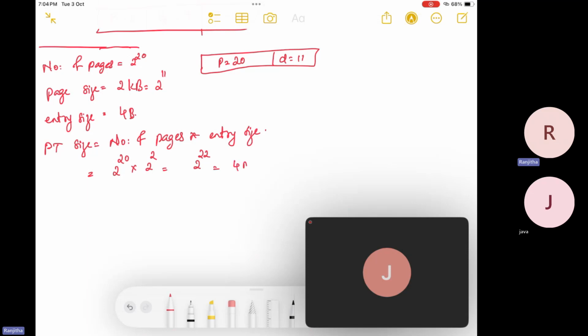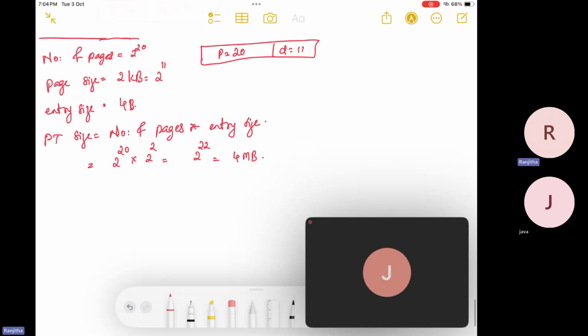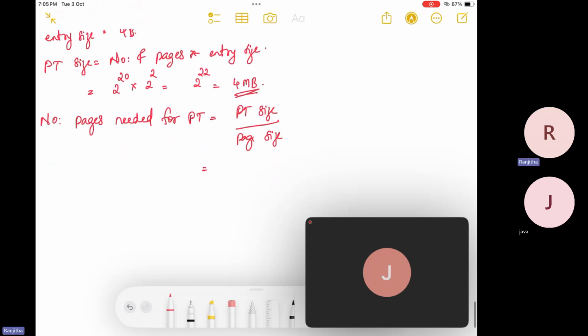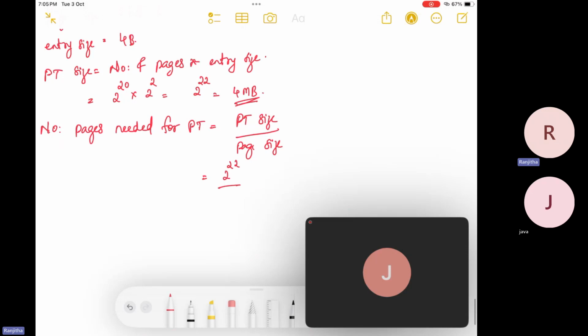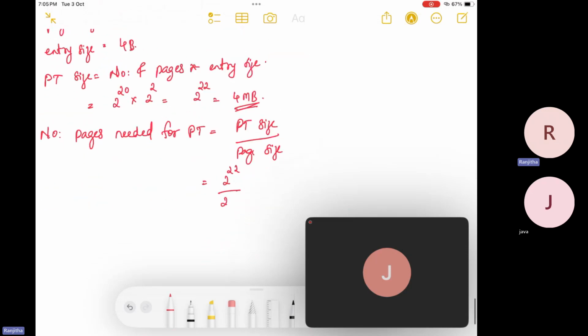That is 4 MB. So now this is the page table size. Now let's see how many pages we will need. Number of pages needed for the page table is page table size divided by page size, which is 2 power 22 by 2 power 11, which is 2 power 11.